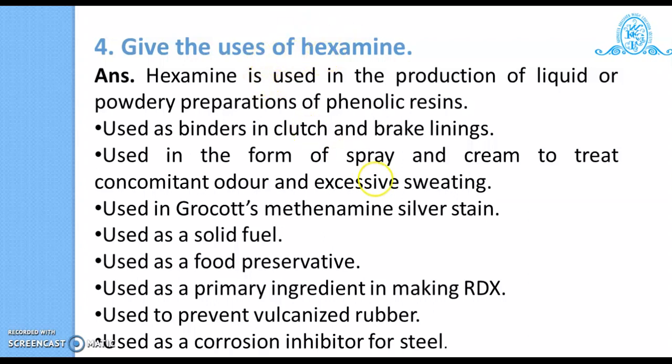It is used in Gracot's methenamine silver stain. It is used as a solid fuel. It is used as a food preservative. It is used as a primary ingredient in making RDX. It is used to prevent vulcanized rubbers and also as a corrosion inhibitor for steel. These are the uses of hexamine.